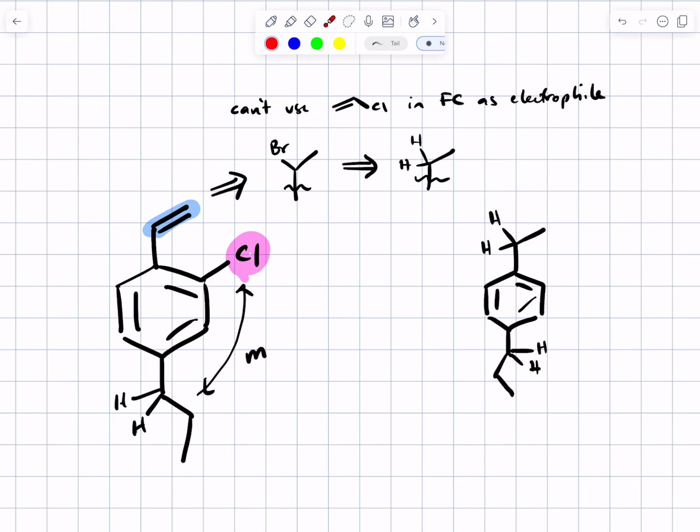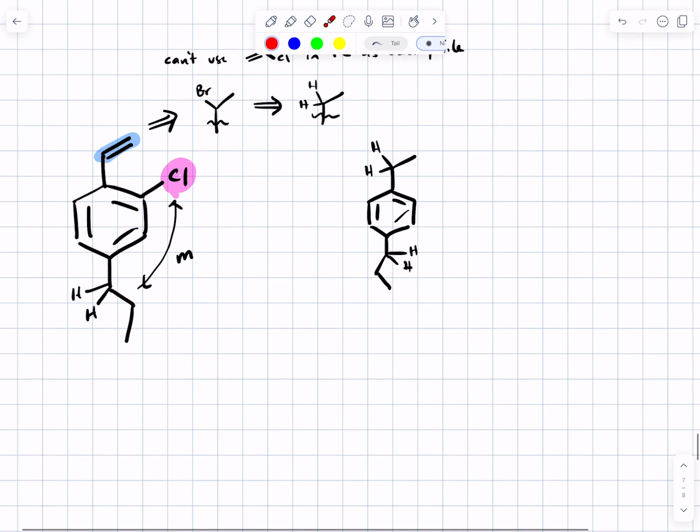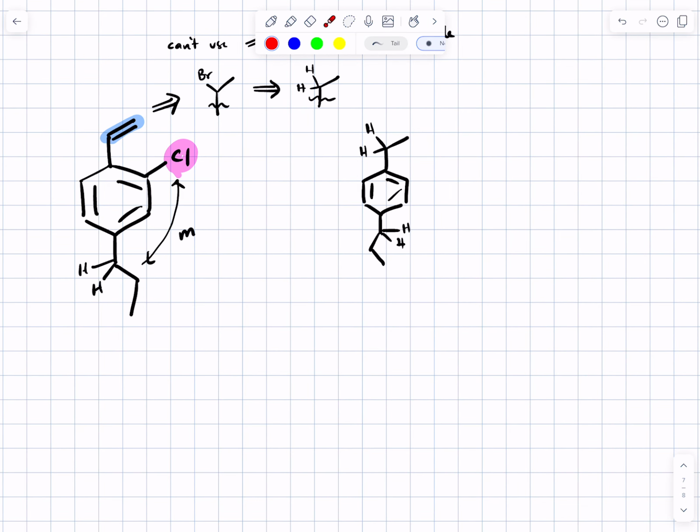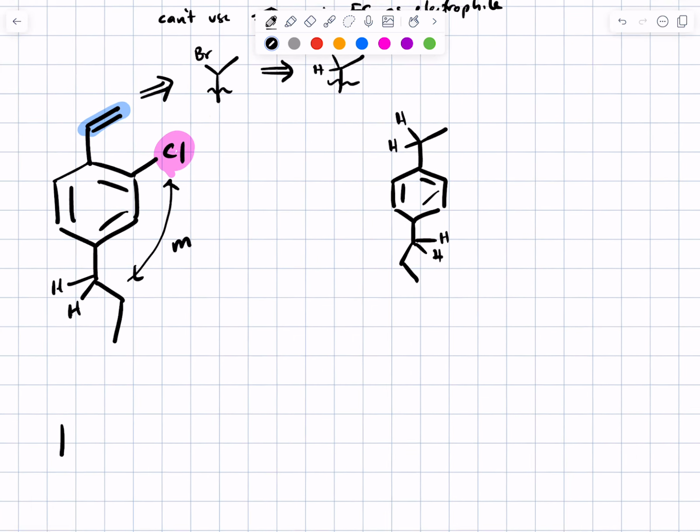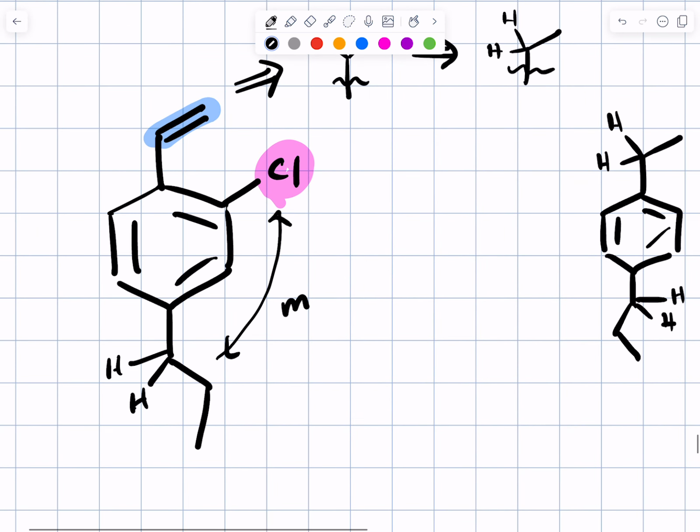Okay, so let's think of a strategy. If that's true, the other issue is I'm not sure whether the alkene is an electron donating group versus a withdrawing group.